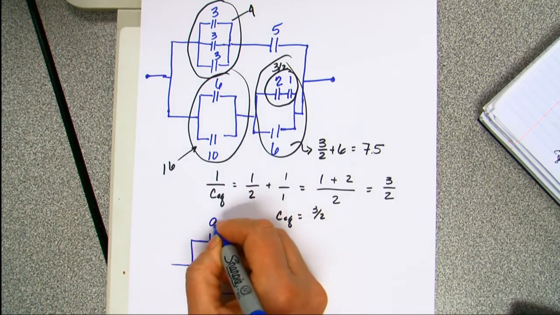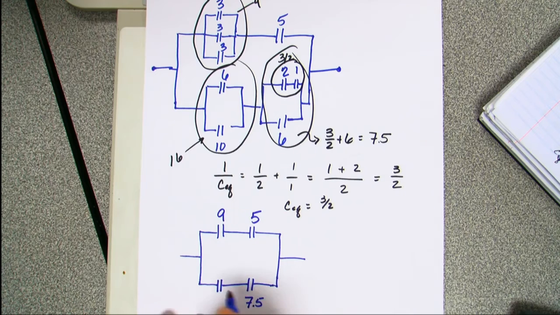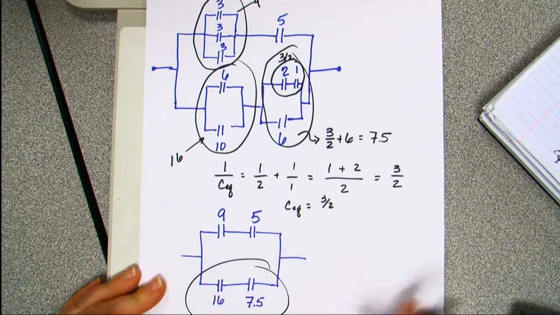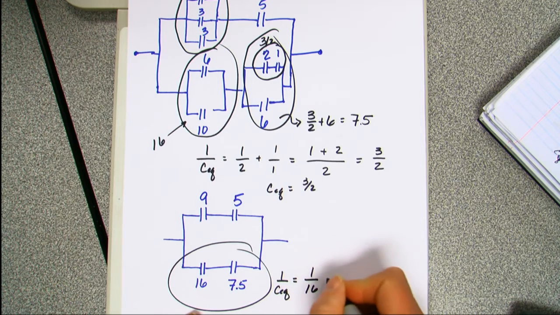So this is 9, this is 5, this one is 7.5, and this one is 16. But these are in series. So this is going to be 1 over CEQ is equal to 1 over 16 plus 1 over 7.5.